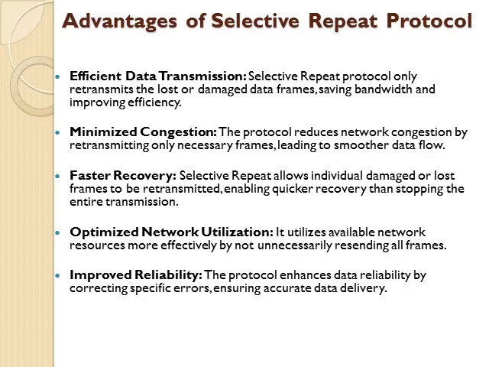Here only the lost or damaged frame is being sent, and it saves the bandwidth and improves the efficiency. It minimizes the congestion and faster recovery is done, optimizing the network utilization, and resources are utilized more effectively. And this protocol enhances data reliability by correcting the specific errors, ensuring accurate data delivery.